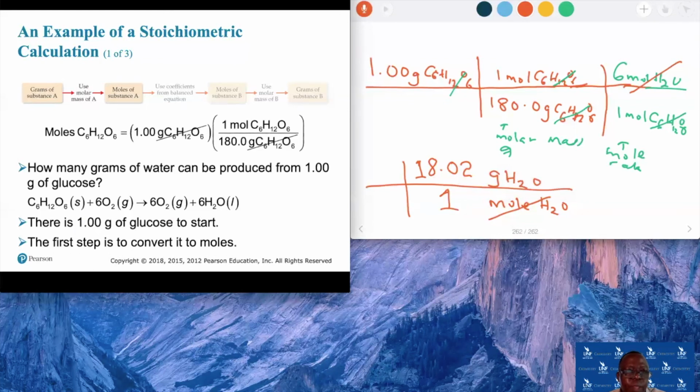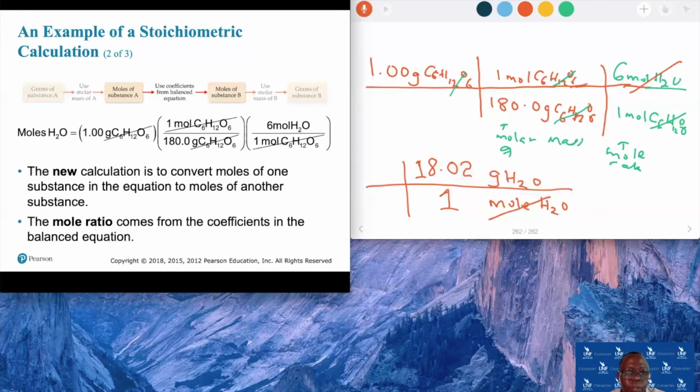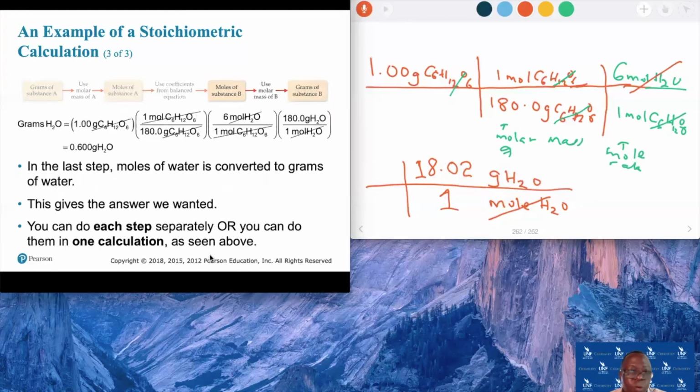This is used to find the moles of glucose. 180 is the molar mass of glucose. You may be given it, or you'll be required to use the periodic table. Then the mole ratio, between H2O and glucose, cancels out the way you cancel using the mole ratio.